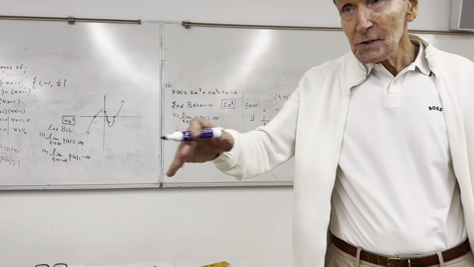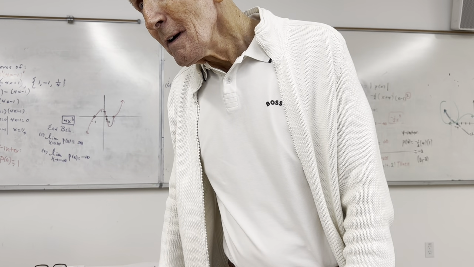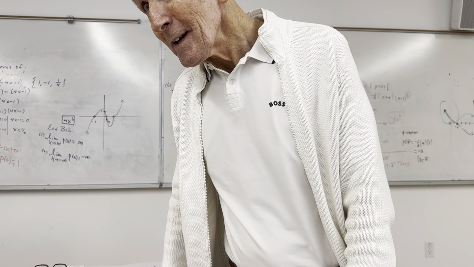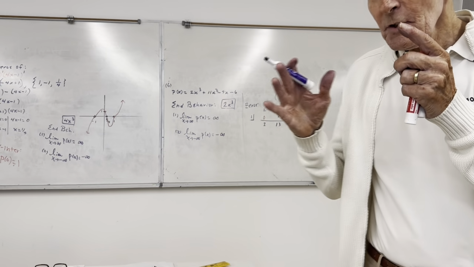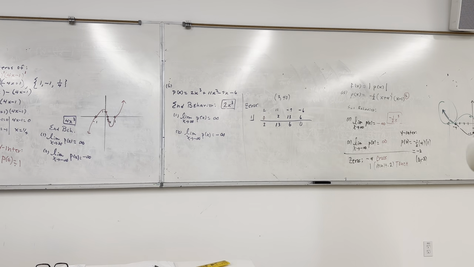Now, why did you choose 1? Because I tried. Trial and error, that's it, trial and error, and you found it to work. Beautiful. Now, 2 zeros are missing.